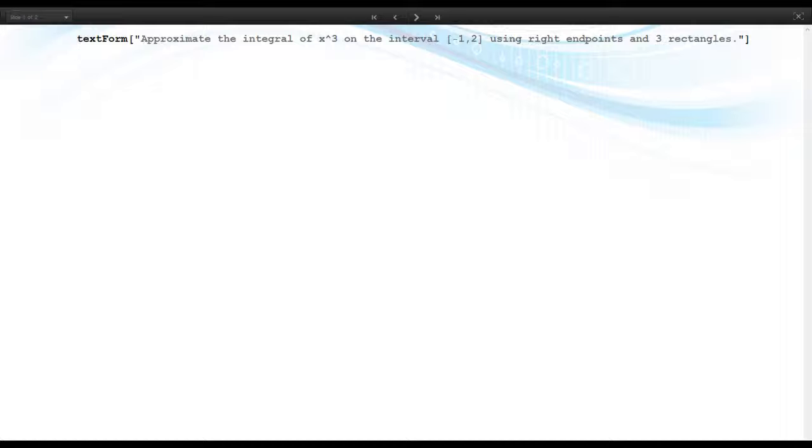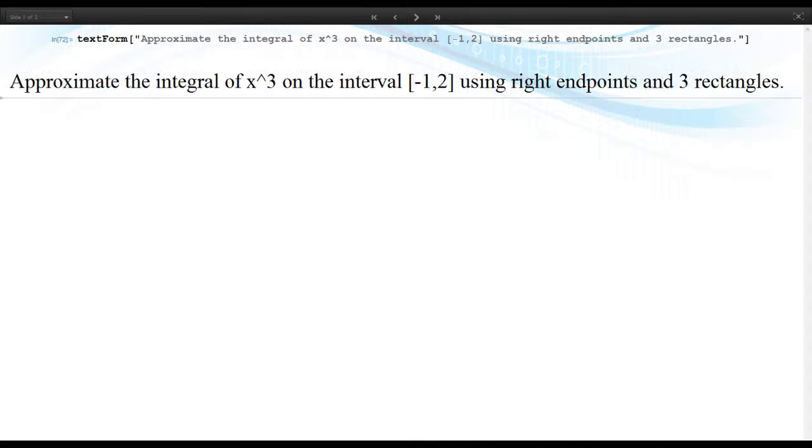So this is a Riemann sum. And it shouldn't be such a bad one.